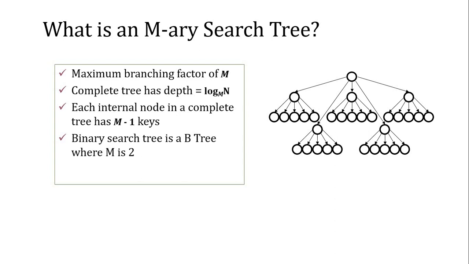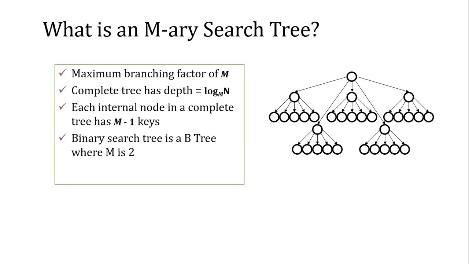Each internal node in a complete tree has m-1 keys. So if you have a binary tree with two branches, each node contains one key. Here the number of keys is always m-1.